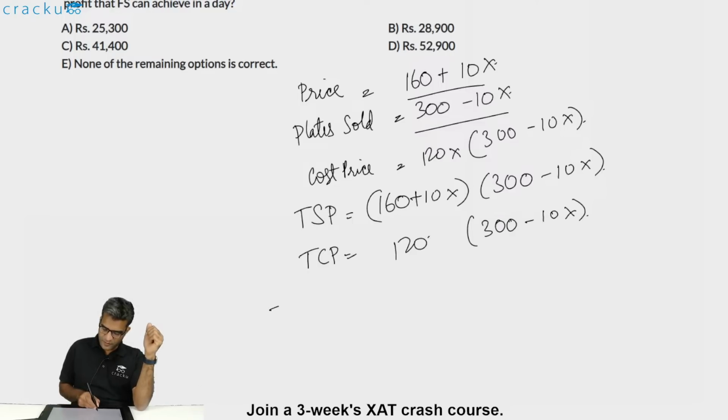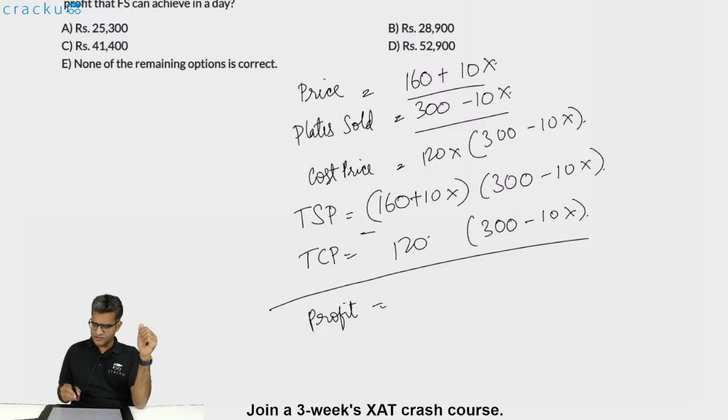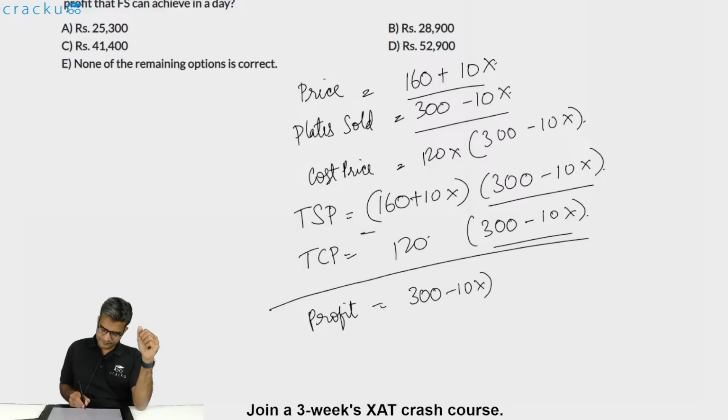So the total profit will be the total selling price minus the total cost price. Let us take 300 minus 10x common. If you are taking 300 minus 10x common, this will be 160 plus 10x minus 120, which is 40 plus 10x. We are looking to maximize this.